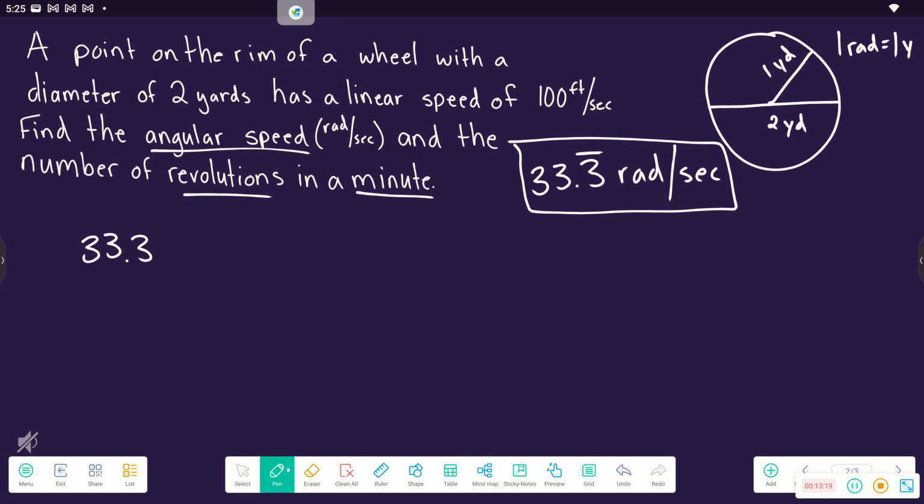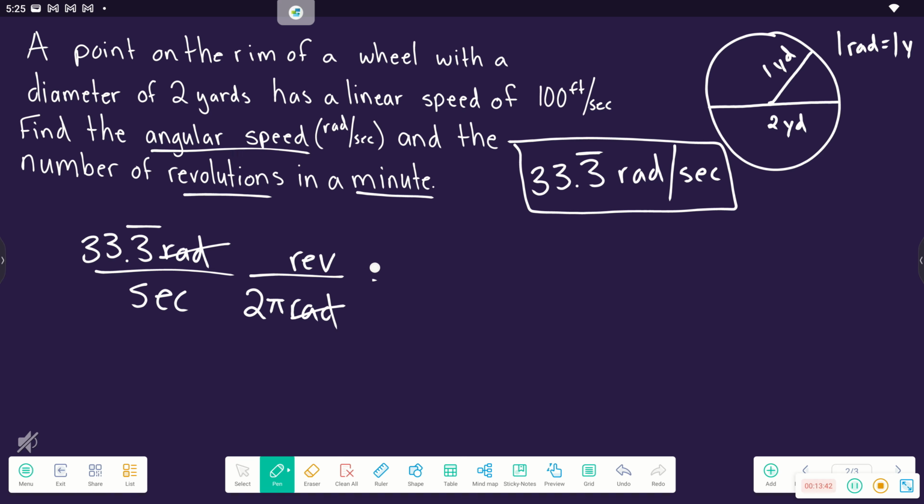So if I have 33.3 repeating radians per second, I need to change these radians to revolutions. And in a revolution, there are, hopefully you remember, 2 pi radians. Cancels out our radians. I also need to change my seconds into minutes. And I know there are 60 seconds in a minute, allowing me to cancel out my seconds.